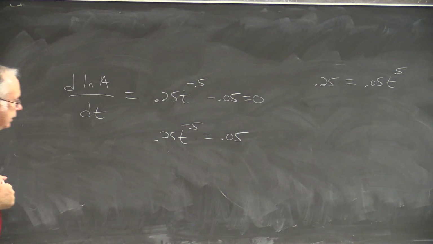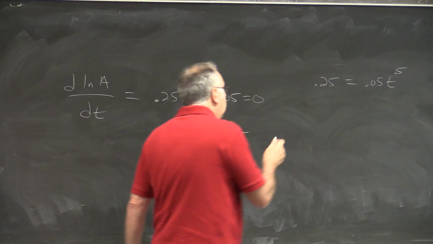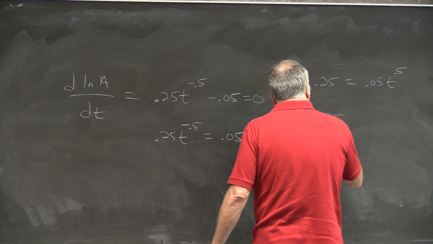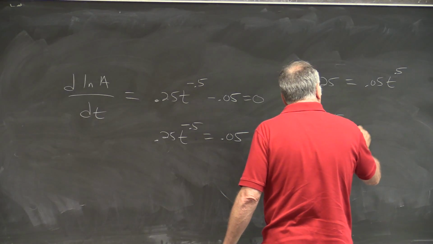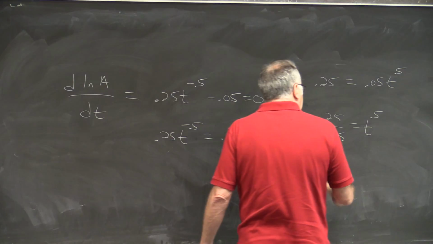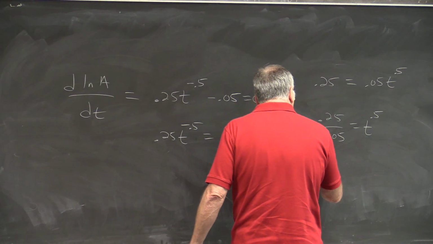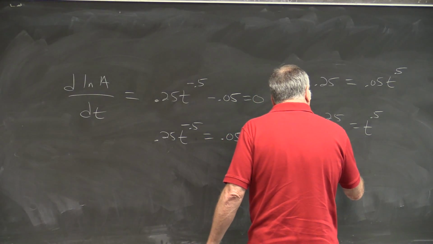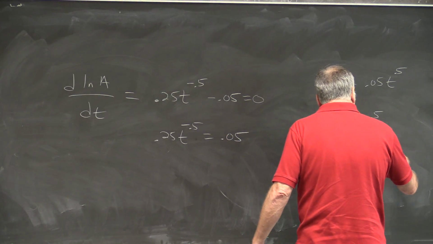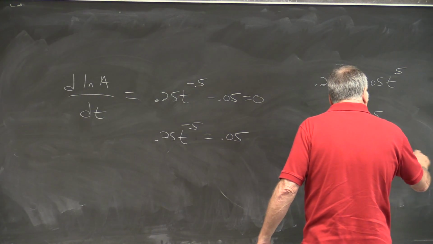Divide both sides by 0.05, and you get 0.25 over 0.05 equals the square root of t. This is just 5. Square both sides, you get your critical value: t is 25.